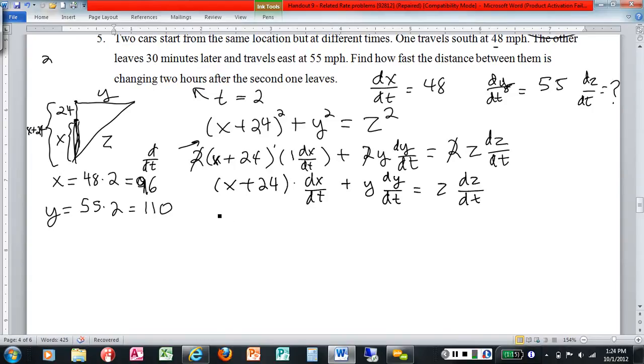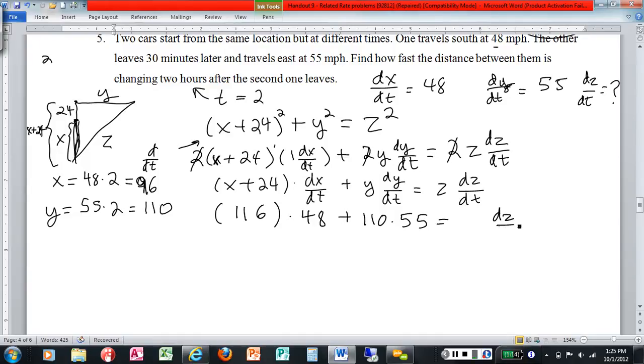Okay, so plugging in, the x is 96, so it'll be 96 plus 24, 116. dx/dt is 48. y is 110. dy/dt is 55.